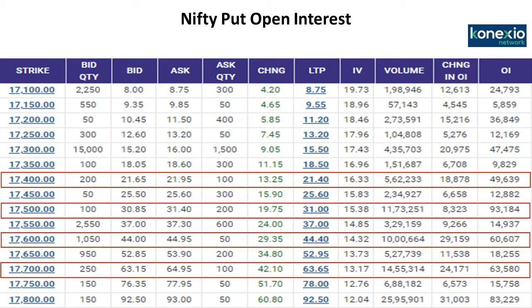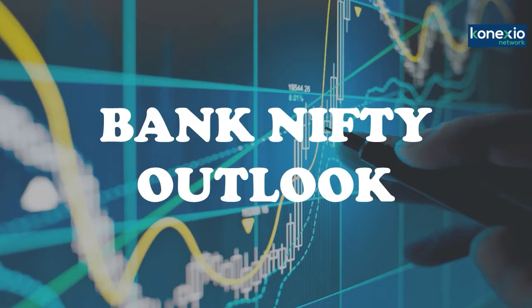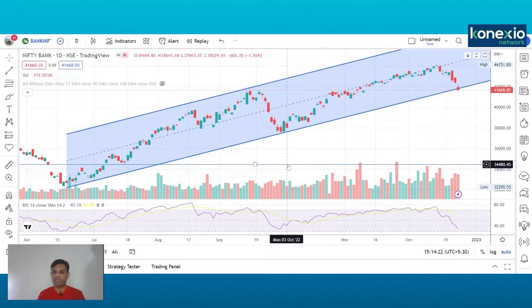Now, friends, let us go to the Bank Nifty daily charts, and we'll try to study them and figure out what could be the trend for the next week. Now, in Bank Nifty, you can also see the rising channel which we have been discussing, but again in Bank Nifty also it has broken this rising channel.